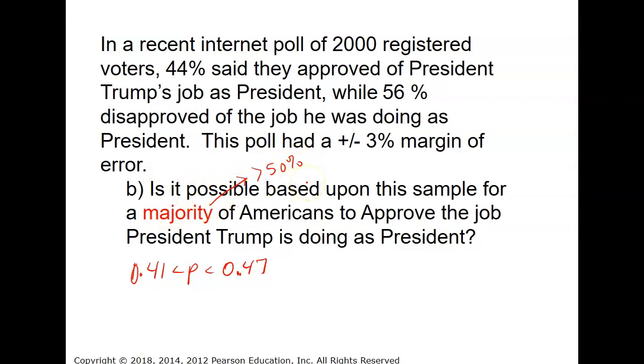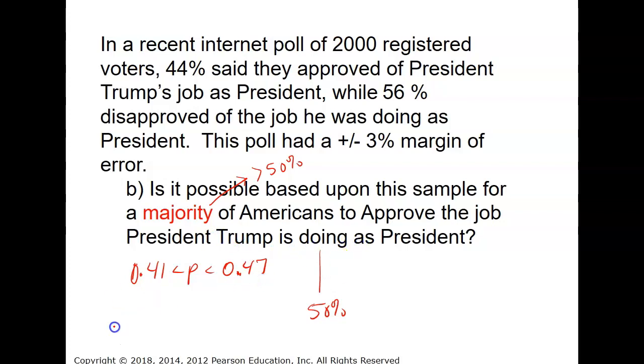So to have a majority, it's got to be more than 50%. If we look at this interval, it is clearly well below a 50% level here. It's captured well below that, and therefore it would not be possible, based upon this particular sample, for a majority of Americans to approve of the job President Trump was doing.